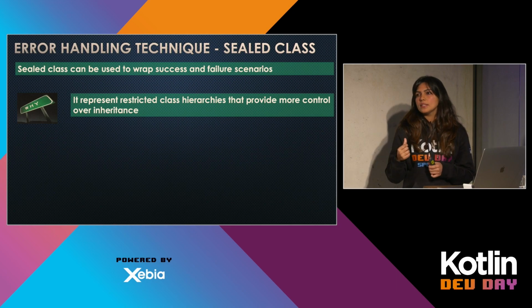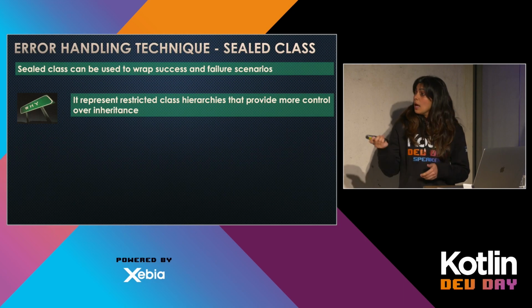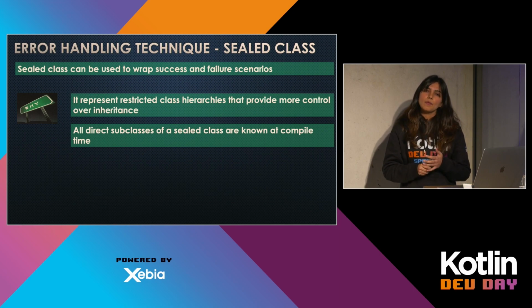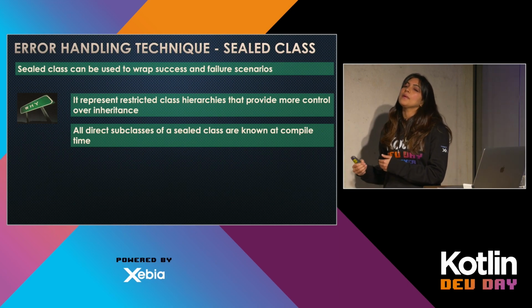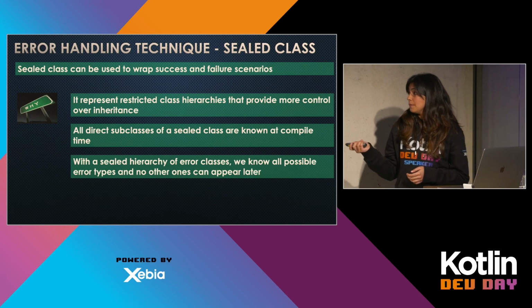So what I mean is, all the direct subclasses of the sealed class should be declared in the same package. What is the advantage of that is, at compile time, all the direct subclasses are known. And this is very powerful when we are using error handling, because at compile time you are aware what are the error types that are being returned, and basically you have no surprises later on in your application.